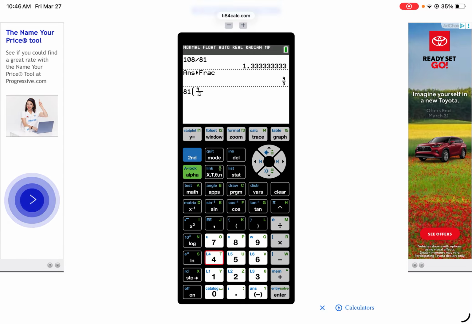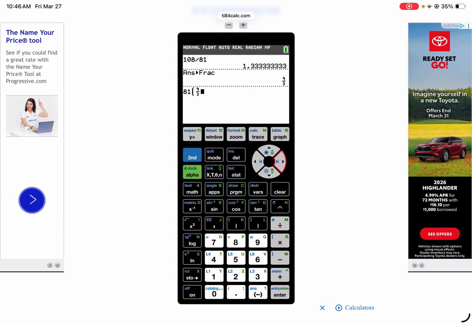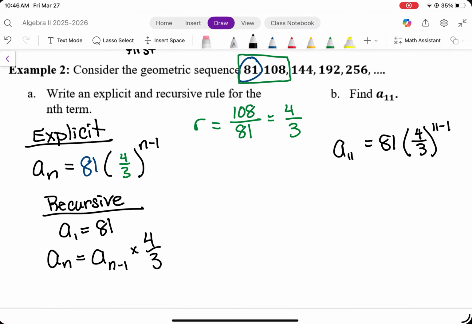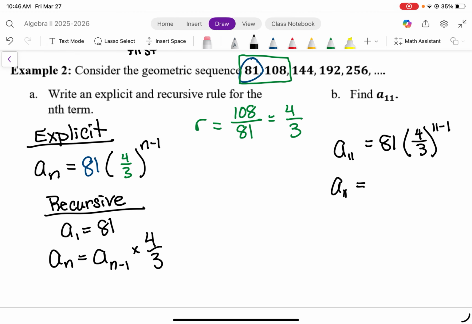Both will get you to the same answer for the problem. And then to the power of 11 minus 1. So when you get an answer like this, which will happen a lot, especially if we have a 3 in the denominator, you can round it to 1 decimal point. So we're going to have 1,438.4. And that's our answer.